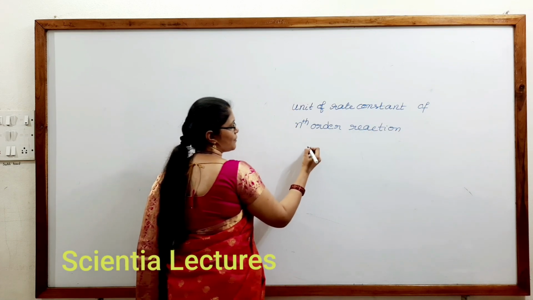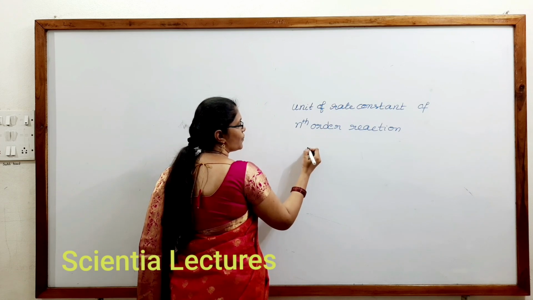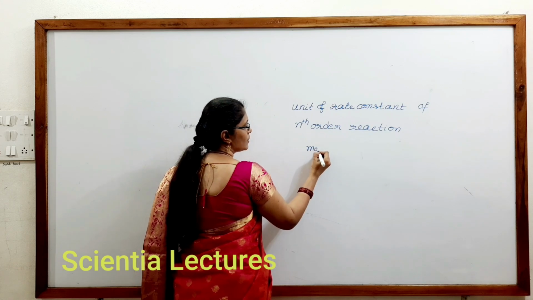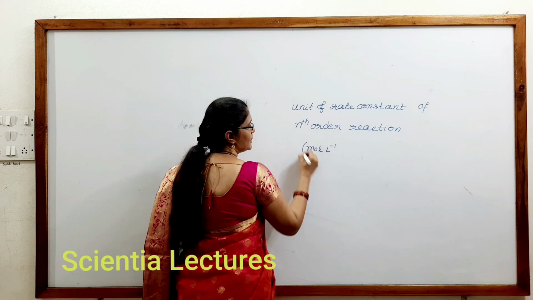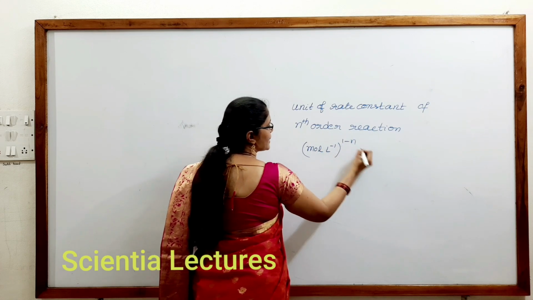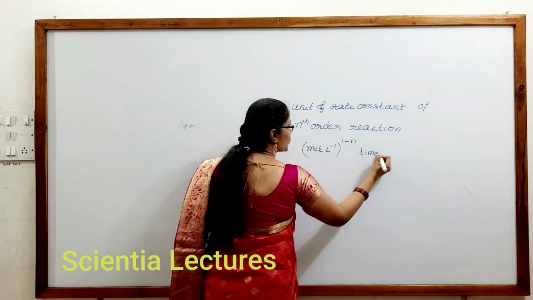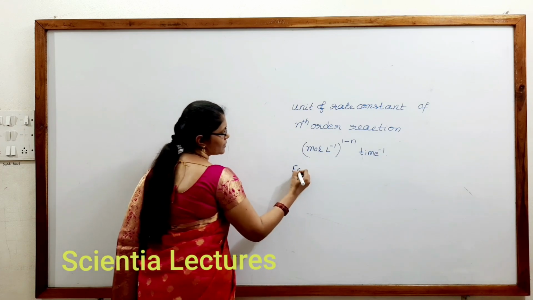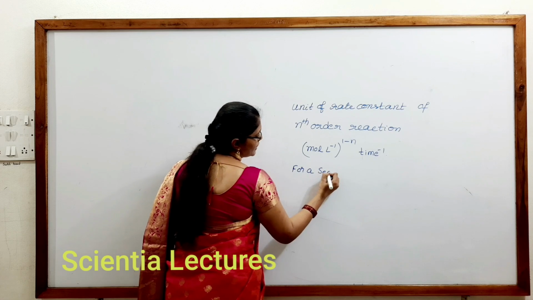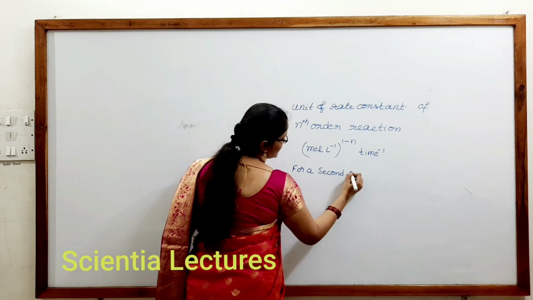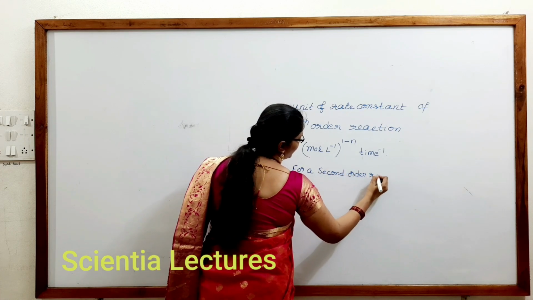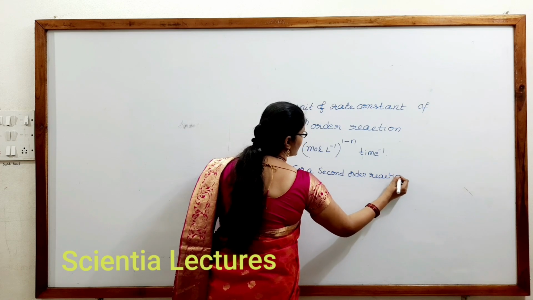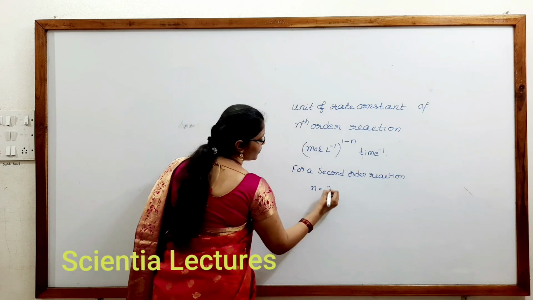You can clearly observe that here we got mole per liter to the power of 1 minus n per time. Do you remember that? For a second order reaction, n must be equal to 2.